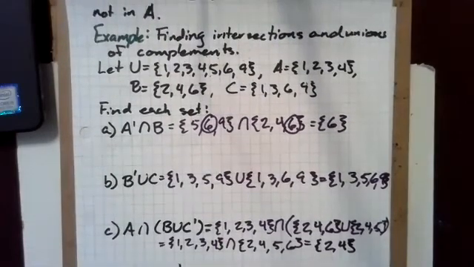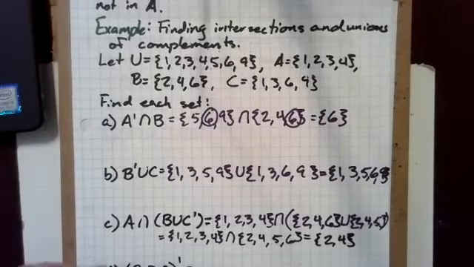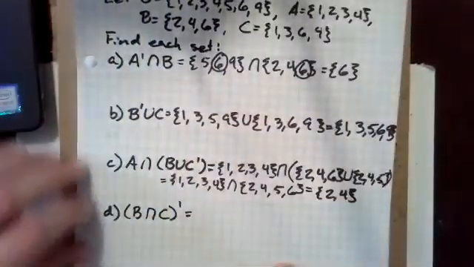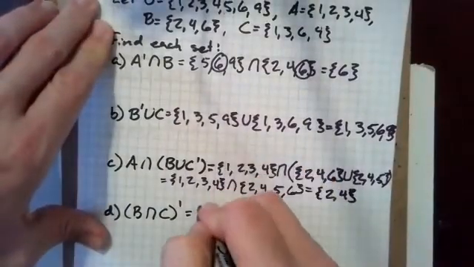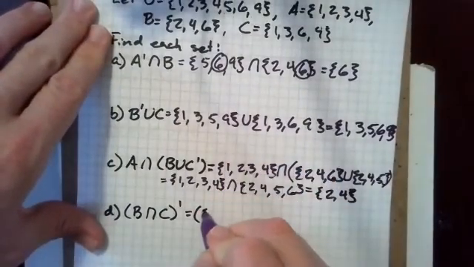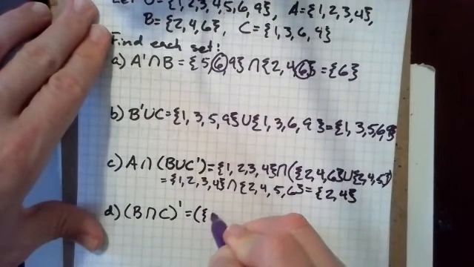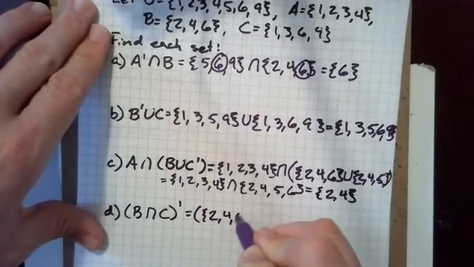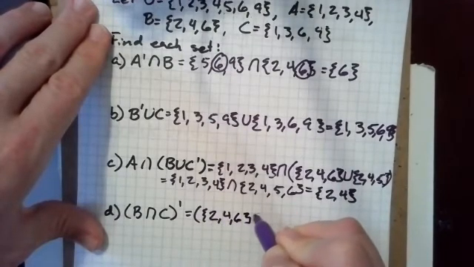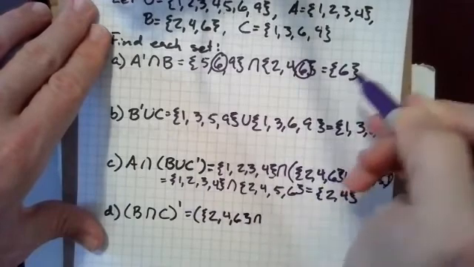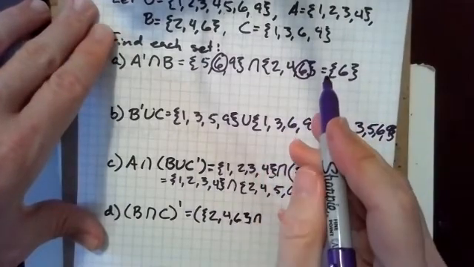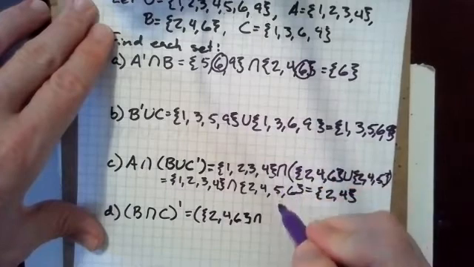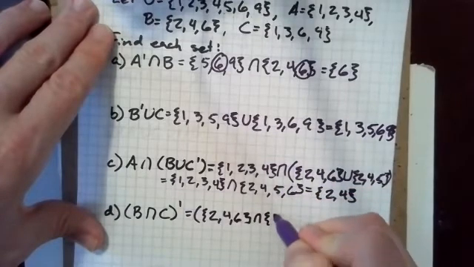Finally, we're taking the complement of the intersection of B and C. So that's going to be the intersection of 2, 4, 6 and 1, 3, 6, 9.